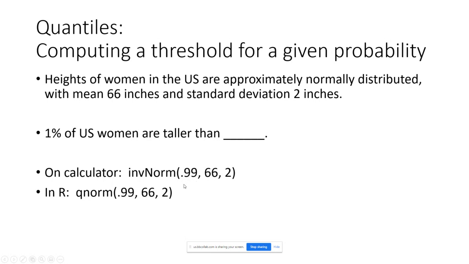And the number that's coming first is the probability that we want to have to the left of our threshold. So if we want 1% of US women to be taller than this threshold, we would put in 0.99 as the probability of being shorter than that threshold.